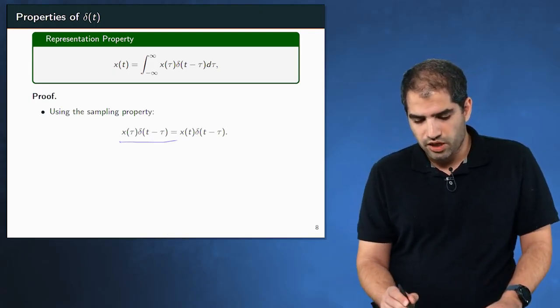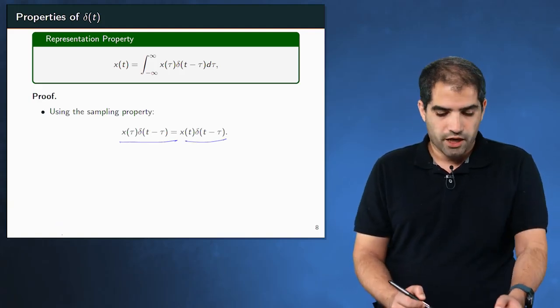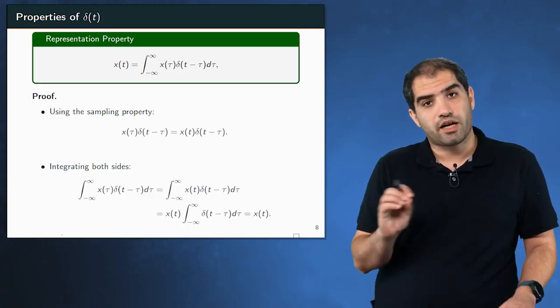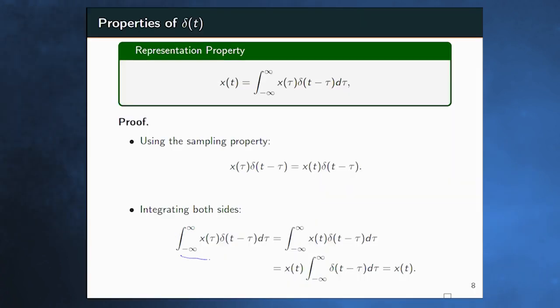x(tau) delta(t minus tau) is equal to x(t) delta(t minus tau). Now if I integrate both sides over tau, then we have the integral of x(tau) delta(t minus tau) d tau equal to the integral of x(t) delta(t minus tau) d tau.